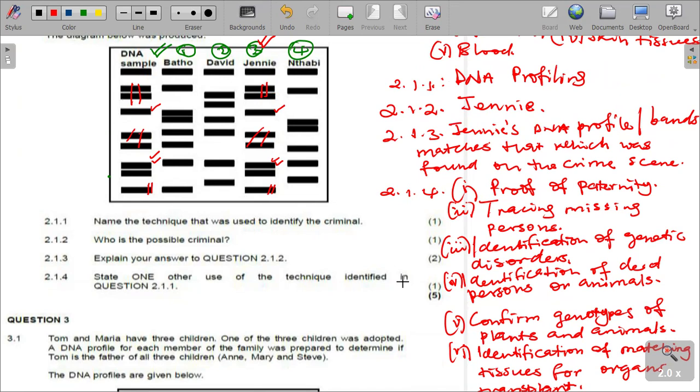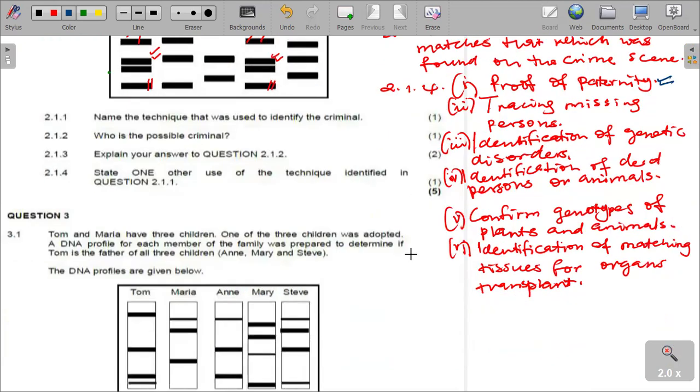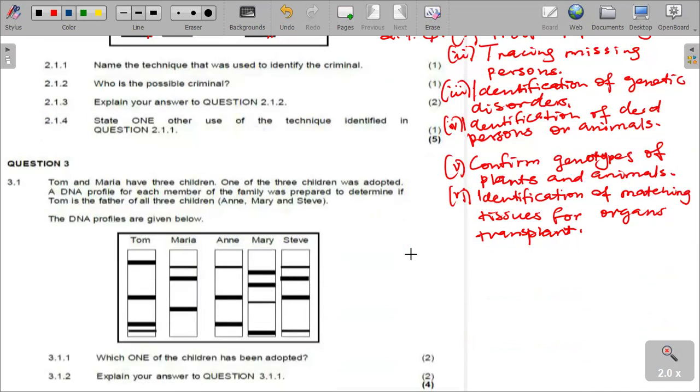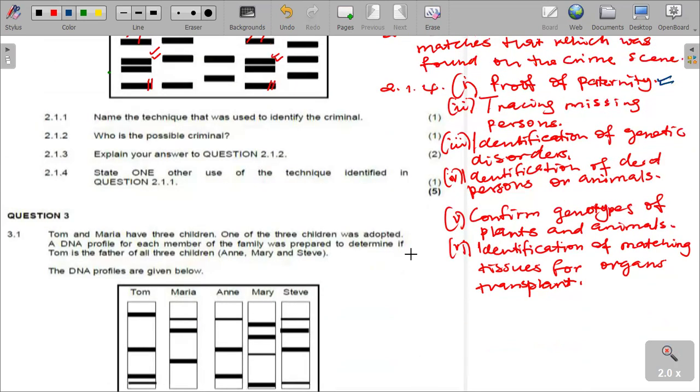Number 1 is solving paternity disputes, which has prompted me to bring a question related to that situation of paternity disputes or paternity problems.